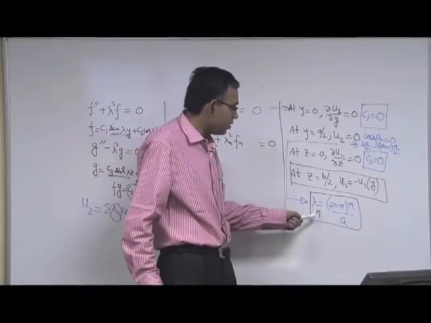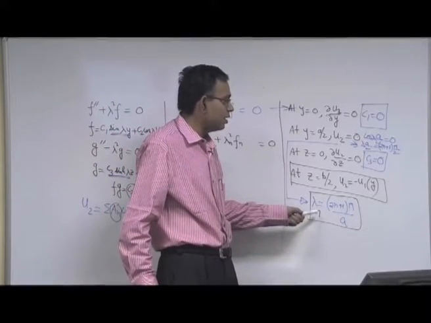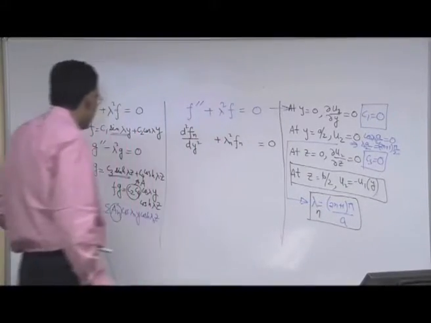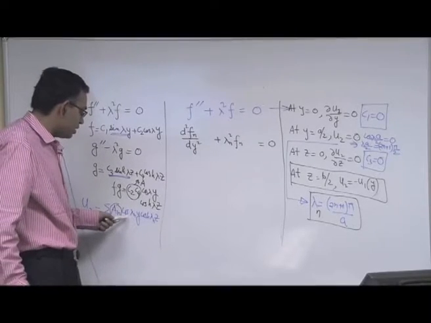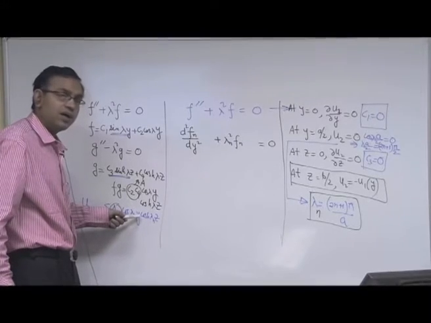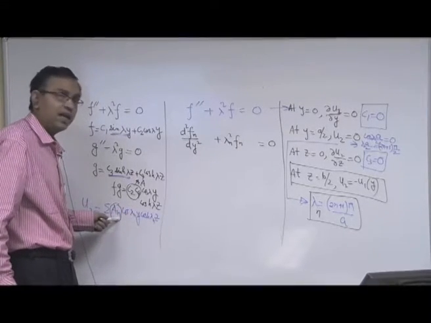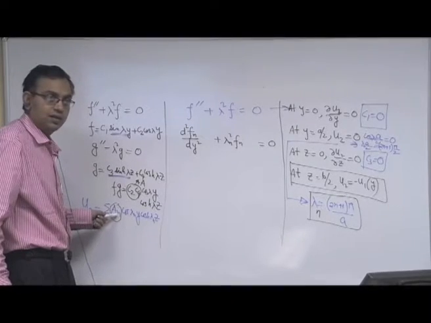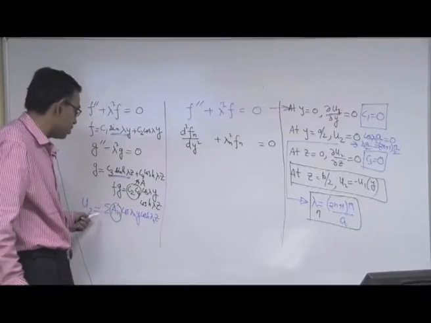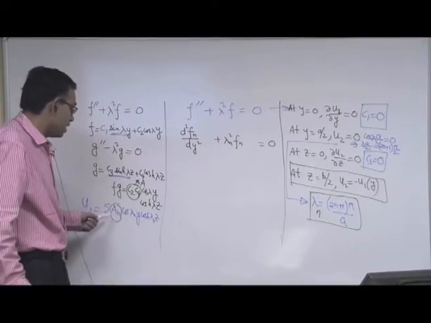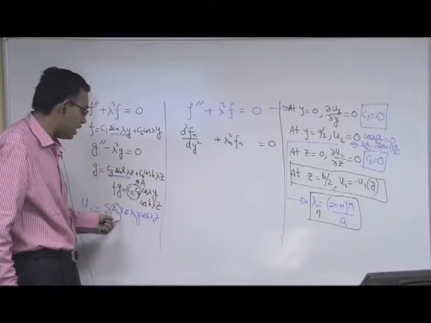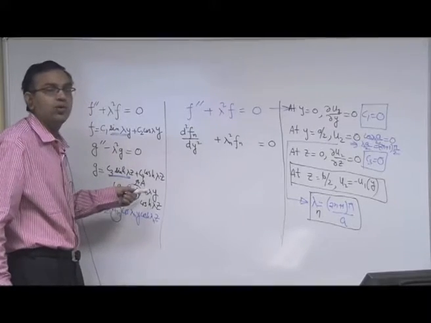So, there are only these possible values of lambda n for which you have a non-trivial solution, because you could otherwise argue that if I do not take cos lambda n y as 0, then also I could get a solution, then I would set a n equal to 0, right. Instead of setting cos lambda n y equal to 0, I could have set a n equal to 0 to get the solution, but then if a n becomes 0, u2 becomes trivially 0. So, a n equal to 0 or A equal to 0 is ruled out.